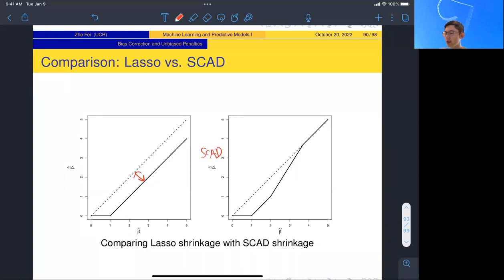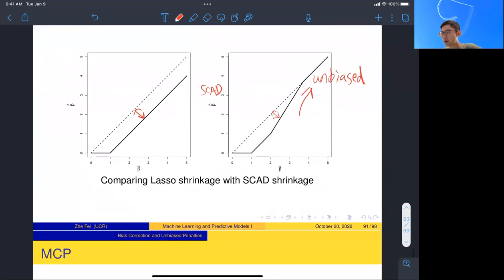We see that as the true beta increases, the bias becomes smaller and smaller, and for a true beta large enough, it would be unbiased. So at the end, it is unbiased.